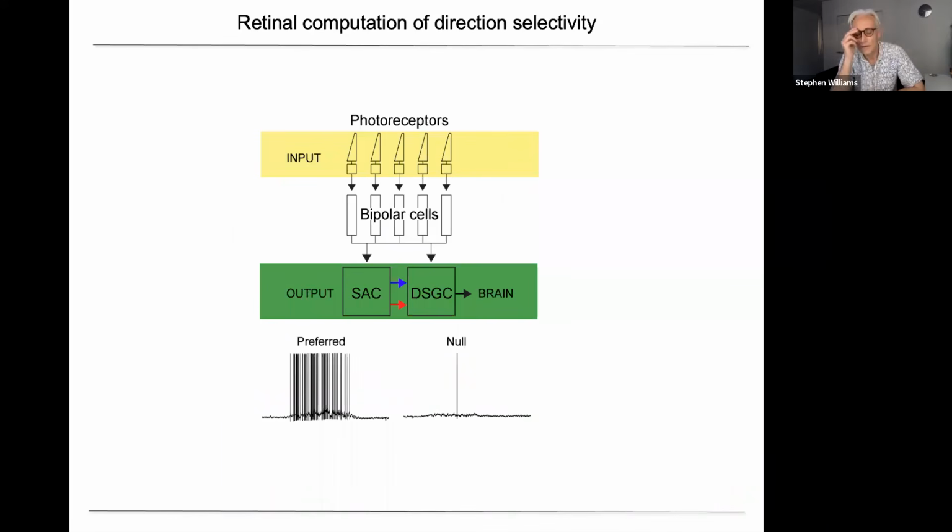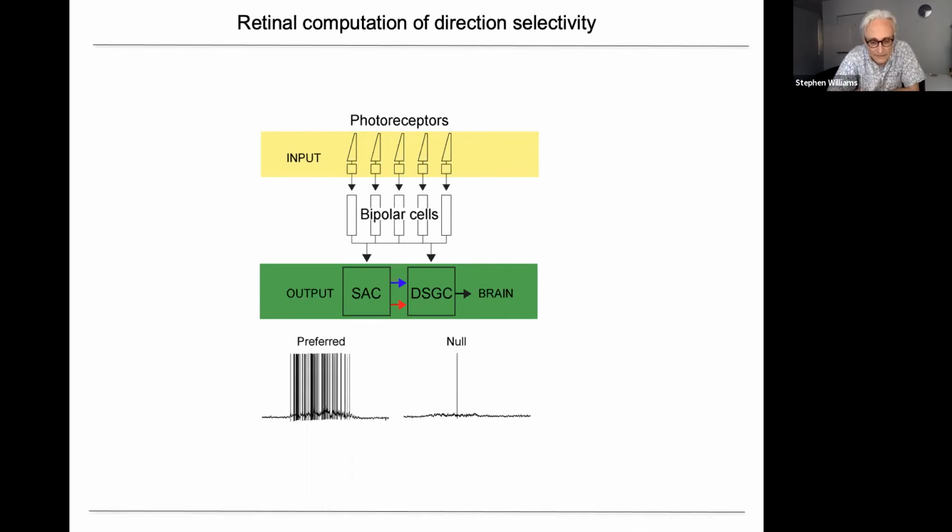Okay, so now we have this very nice scenario where active dendritic integration in on-DS cells basically reads out the excitatory input coming into the cell. But what about the direction selective mechanism?